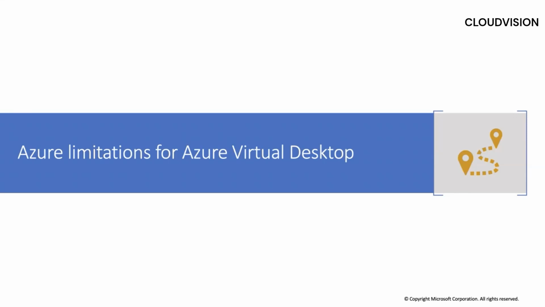So when we talk about limitations, we can say that these are some architecture limits, all right? So there has to be some configuration and process which has to be taken care of.